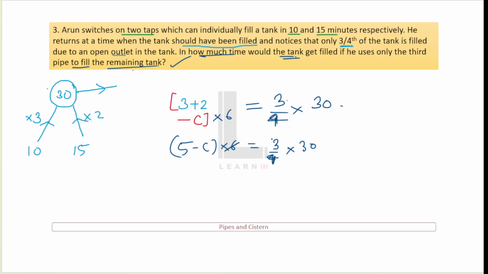So we can cancel it out here. So this would be 20 minus 4C equals 15.